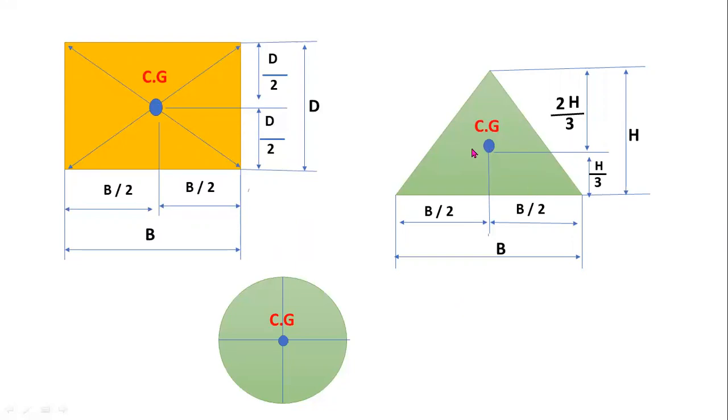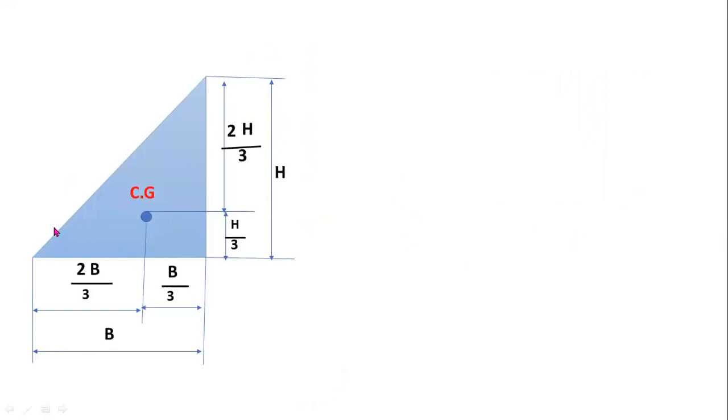So here you can observe the centroid of a triangle always lies at half of the base and 1/3 of the height from the base, and 2/3 of the height from the apex. For right angle triangles, you have to consider 1/3 of the base and 1/3 of the height from the right angle corner.